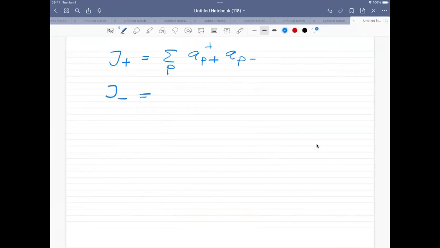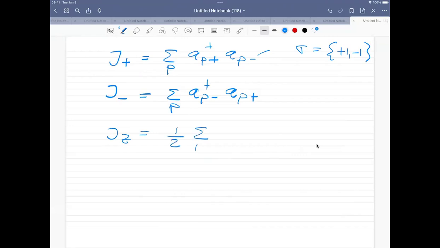And J minus is equal to the sum over p of a_{p-}^† and then a_{p+}. So these are the spin values, so sigma is equal to +1 or -1. And then I define this J_z here as a sum. I'm putting this as a half. And then I'm summing over all the spin values of sigma times a_{p sigma}^† a_{p sigma}.